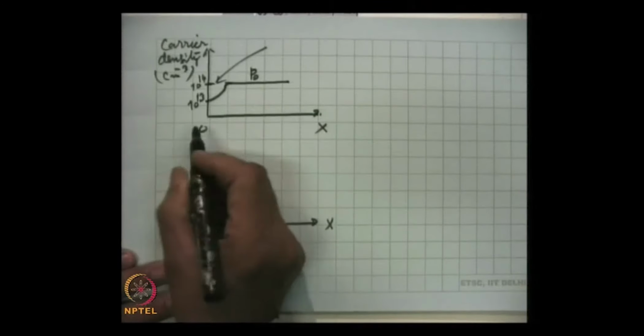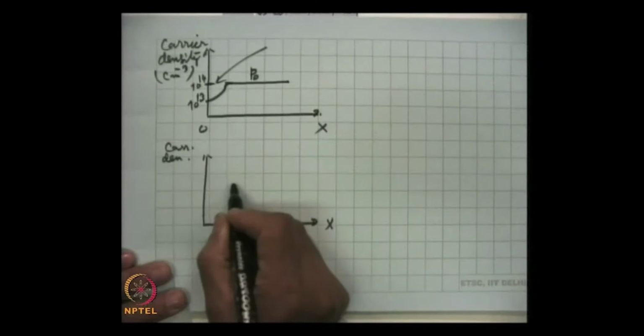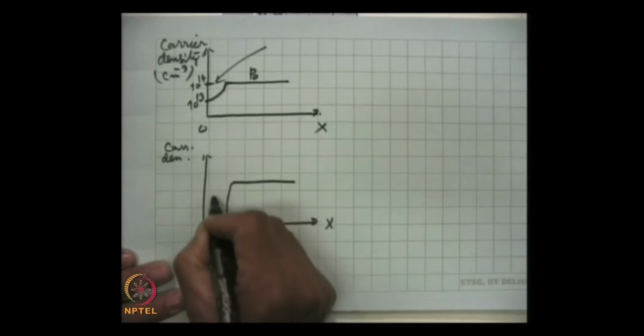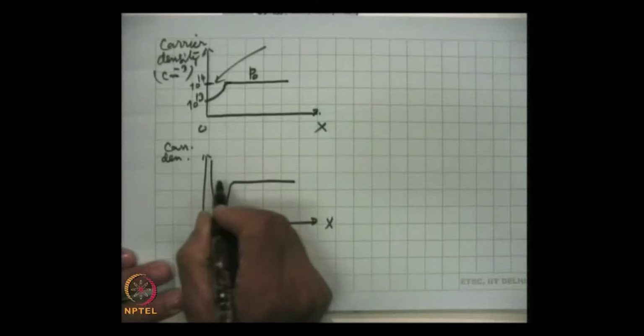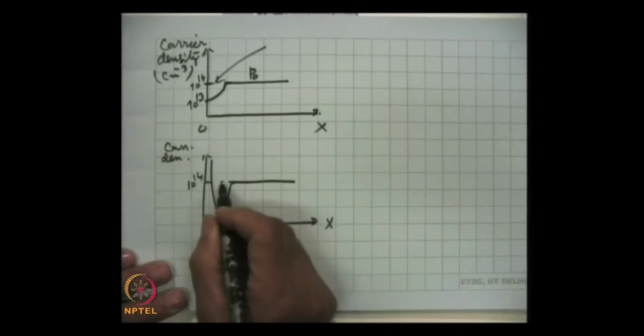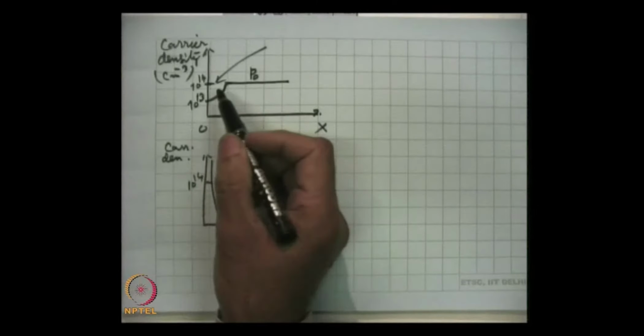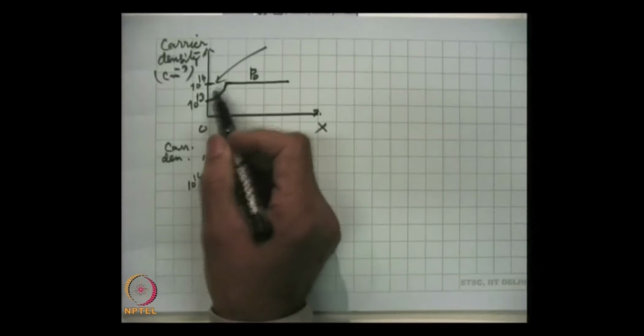This is carrier density, this is 10 to the power 14 as here. On further increasing, more depletion will occur.